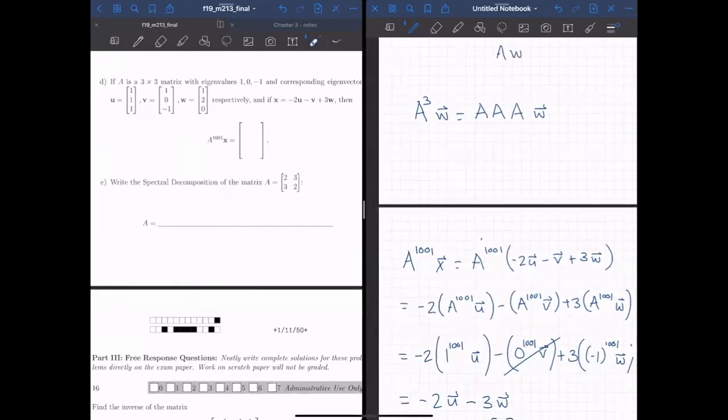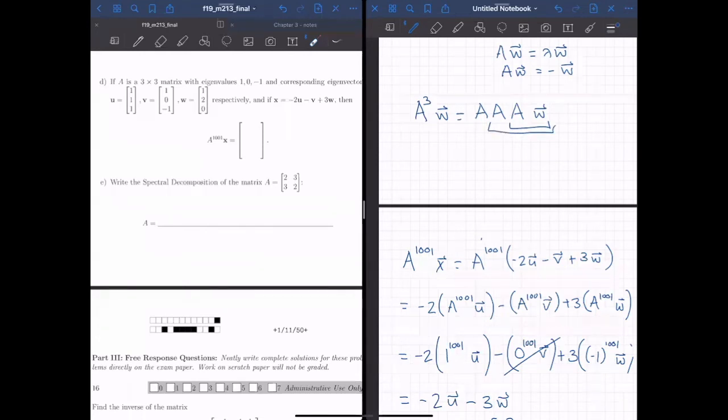So A times W is just equal to lambda times W. And in this case, lambda is equal to -1. So A times W is equal to -1 times W. Is that okay? I didn't see who asked that. But yeah, that's perfect. I forgot about this equation that you just wrote down up there. Okay, yeah. And then every time you multiply by A, you get a -1, right? And you can pull that -1 out, multiply by A again, you get another -1.